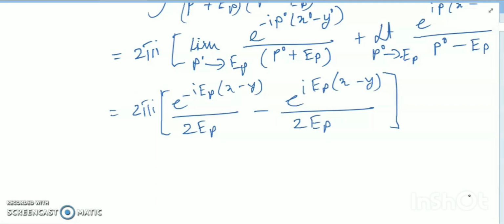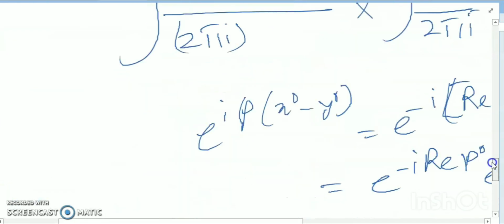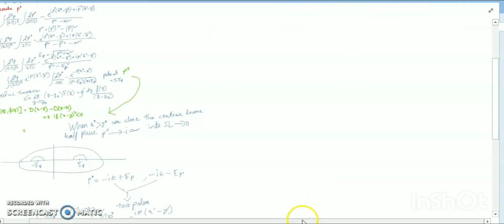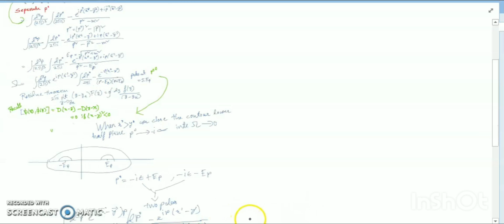Next we can get p0 equal to εp. Then we are just plugging this value in here.